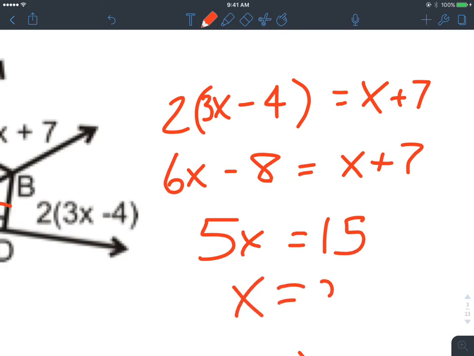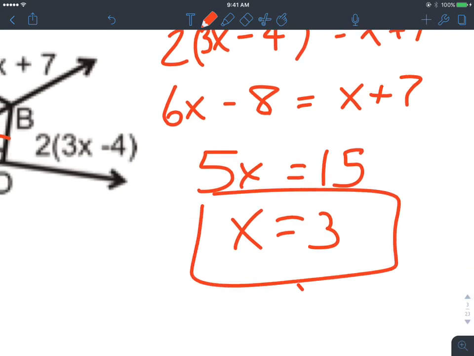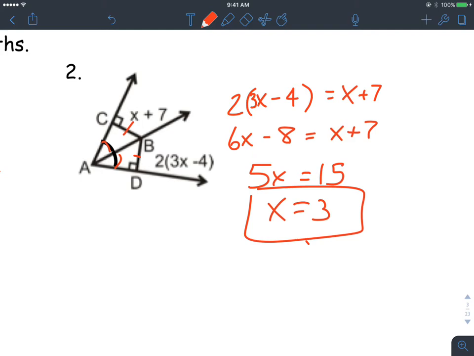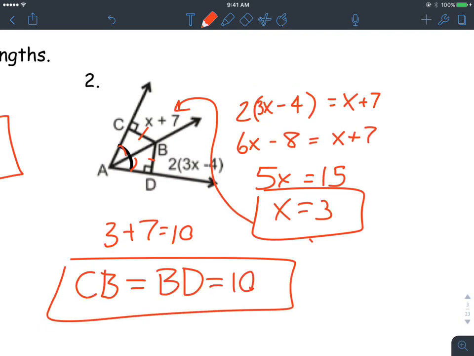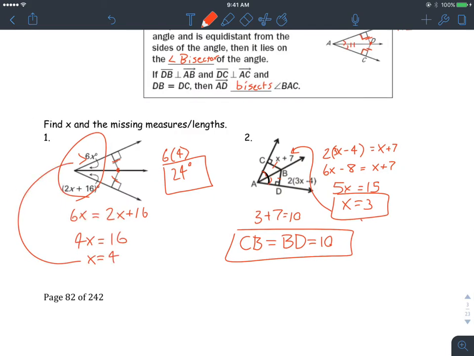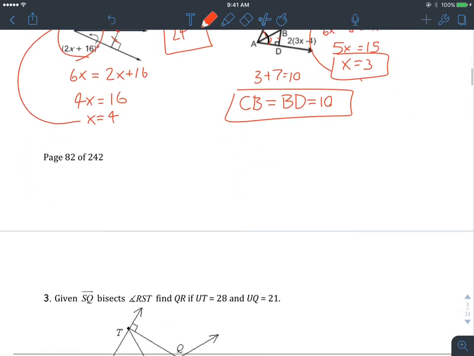So then x is 3. Remember, these side lengths are congruent, so I'm going to plug it into the easiest looking one. 3 plus 7, that's going to get you 10 for both of those lengths. So you could say CB is equal to BD, which is equal to 10. And that's it, really. Just figure out what you have to set equal to each other and roll from there.